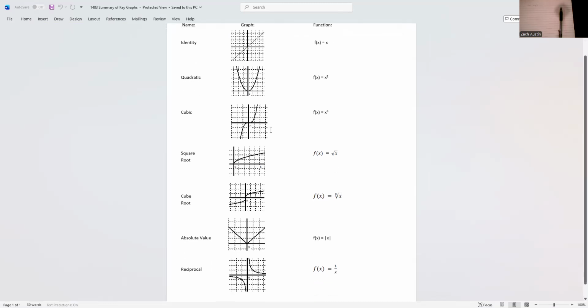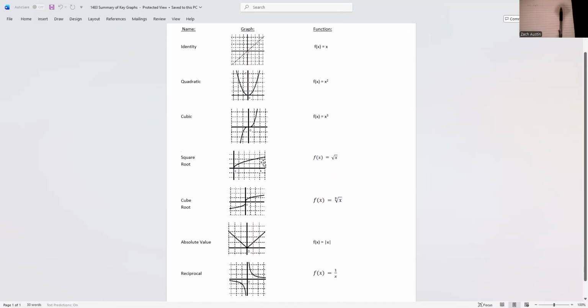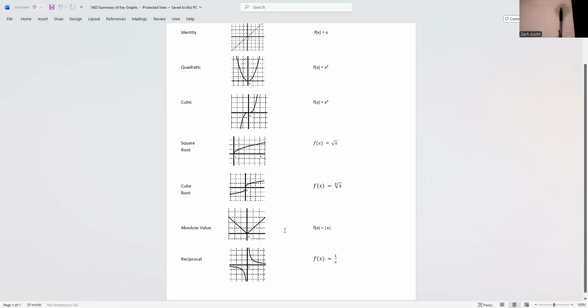Oh, I guess while we have this on the page, I am not going to give you this sheet on your exam. Okay, but what I am going to do is if you forget about the identity, there are 6 of these left. I will 100% on the exam have a list of these 6 equations, okay, probably like labeled A through F, right? And then I'll have these 6 graphs and I'll ask you to match them up.